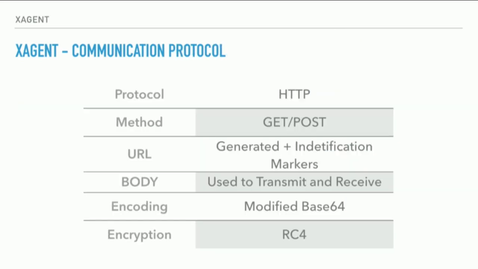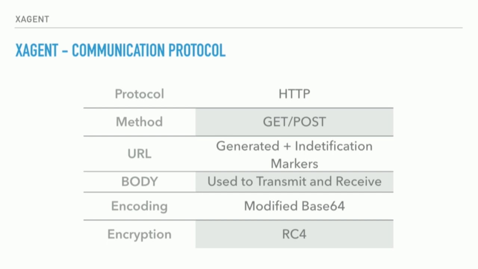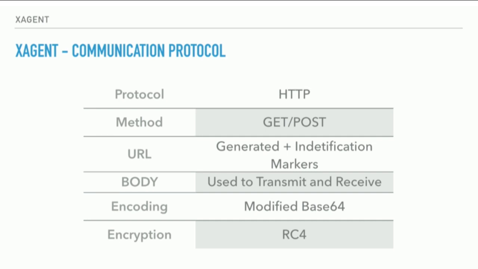In order to communicate with the CNC server, XAgent uses a protocol based on HTTP post and get messages. The URL is generated for every message and includes an identifier for the victim. The body of the HTTP message is used to send and receive data from the server, and this data is encrypted with RC4 and on top of that encoded with base64.